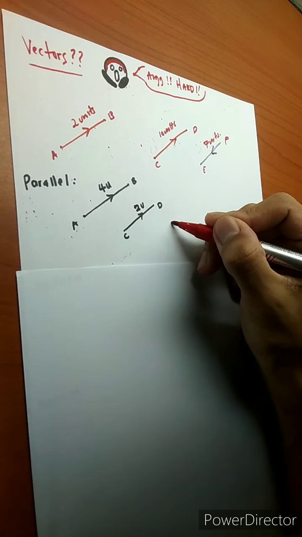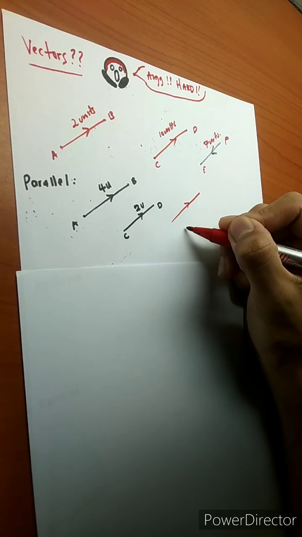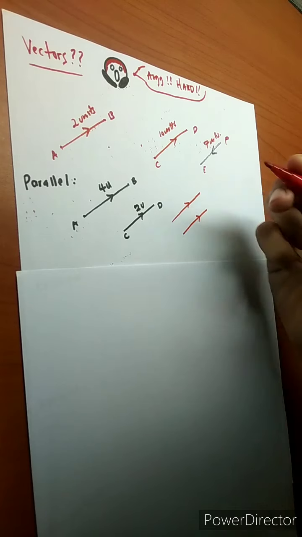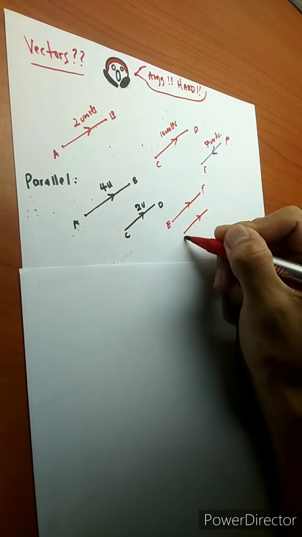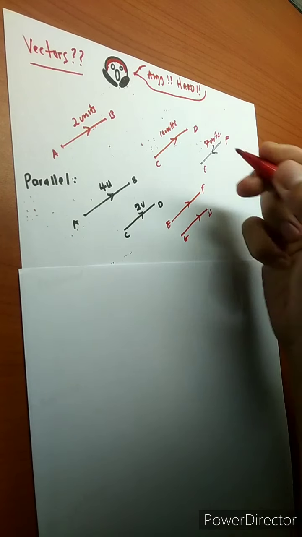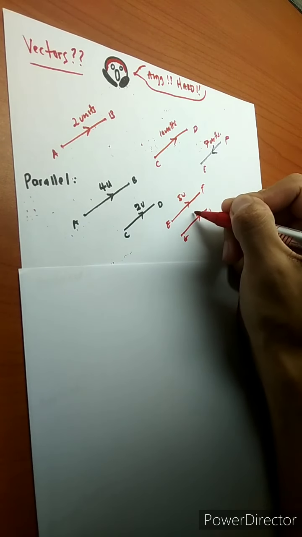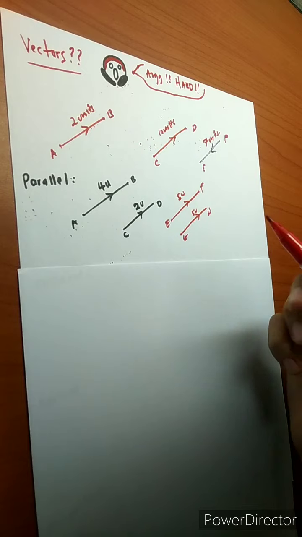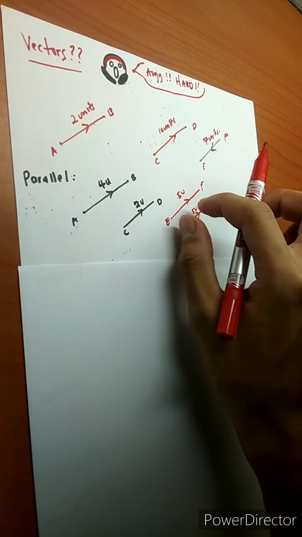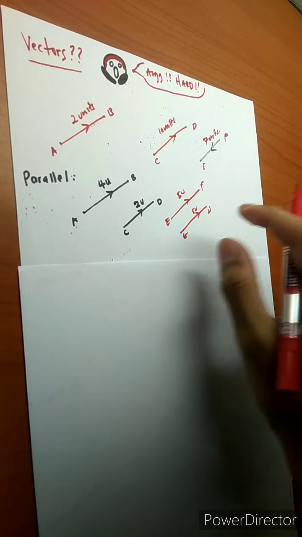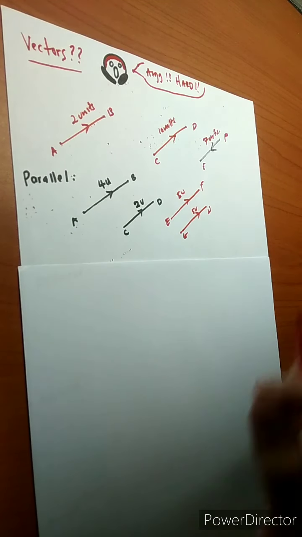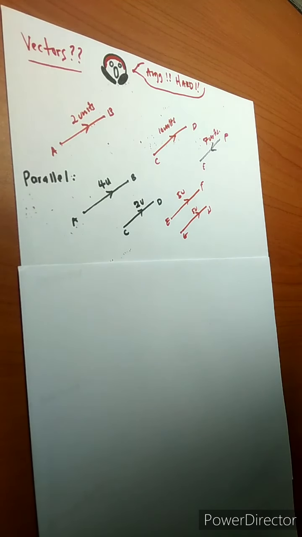What about this? This is vector EF and GH, with a magnitude of 5 units. Of course they are parallel because the direction is the same, and we can also call them equal vectors.